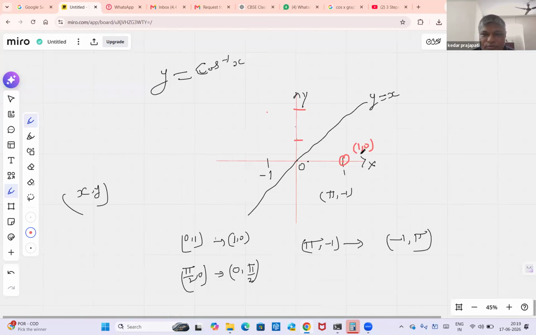So 1, 0 is not changing. 0, pi by 2 is this. And minus 1, pi is this point somewhere here. Okay. Now, if you want to draw a graph between these points, this will come like this, and this is coming like this. Correct?